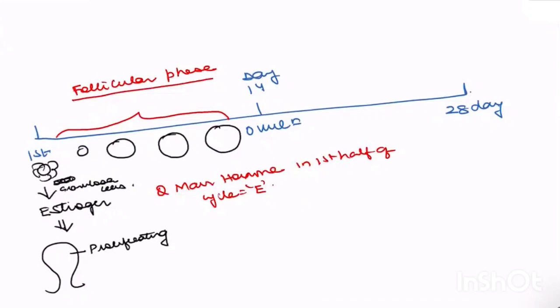And because in first half of the cycle, the main hormone is estrogen, and estrogen is causing proliferation of the endometrium, so the first half is also called as proliferative phase.